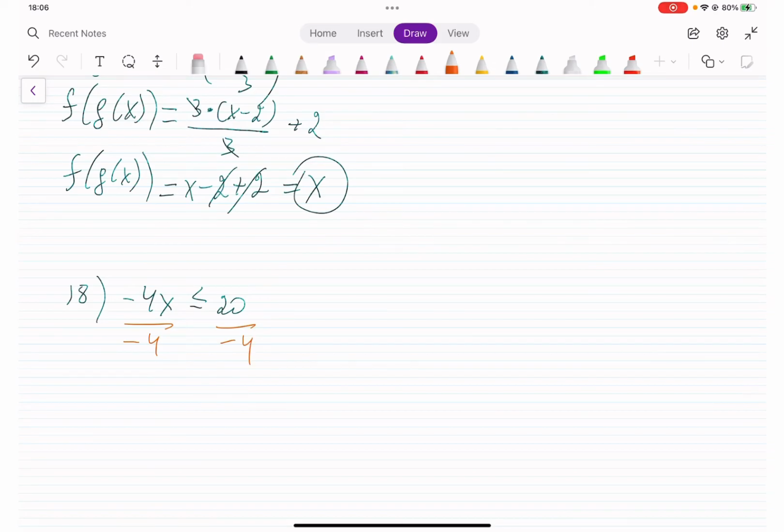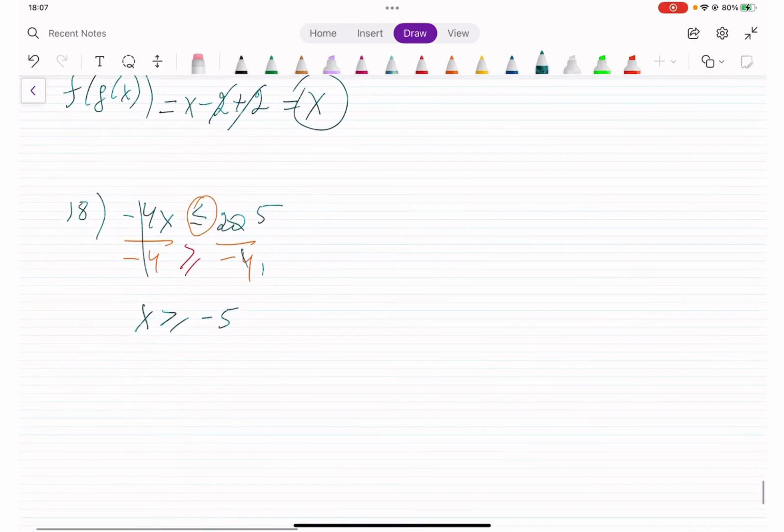One important thing: when you have an inequality and you have to divide by a negative number, it's going to affect the inequality sign. It's going to flip the sign, which means this negative 4 is gone. I have x greater than or equal to, and 20 divided by 4 is 5, so it's going to be negative 5.